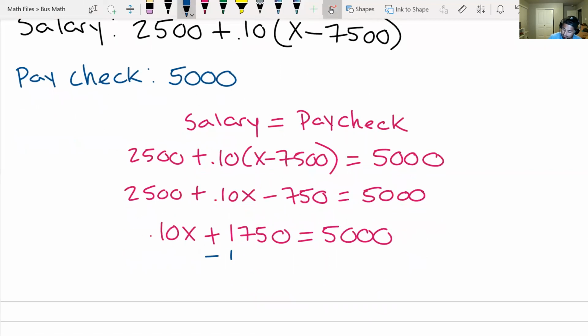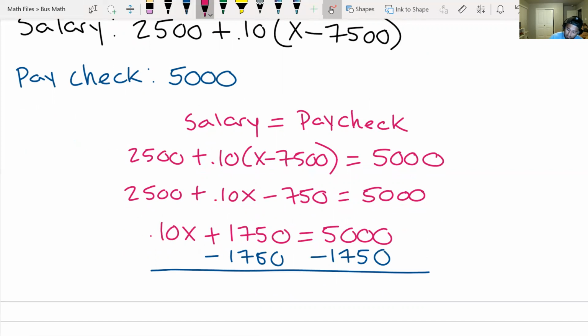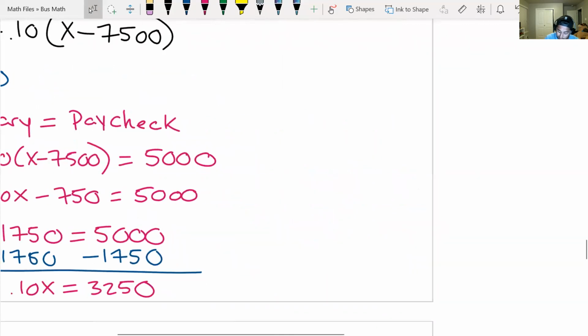And then subtract 1750, you'll get 3250. So 0.10x equals 3250. We'll move over for some more room.